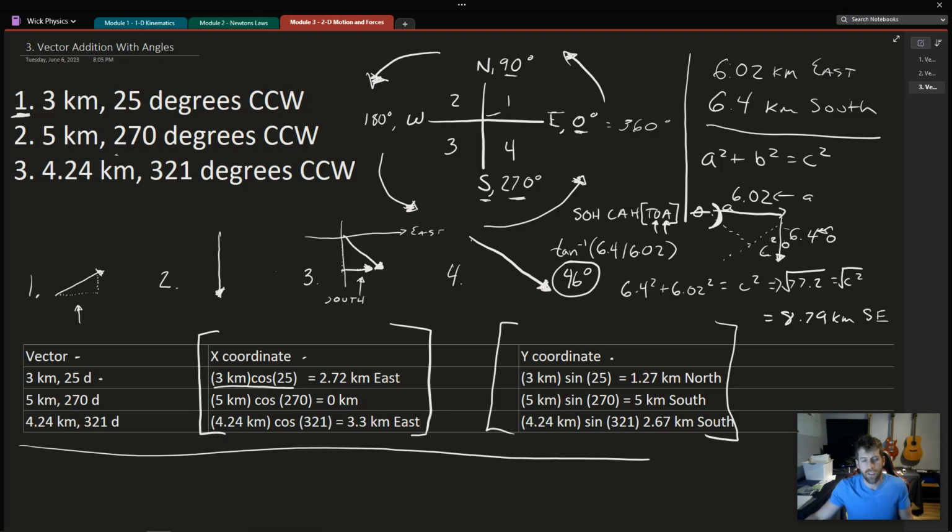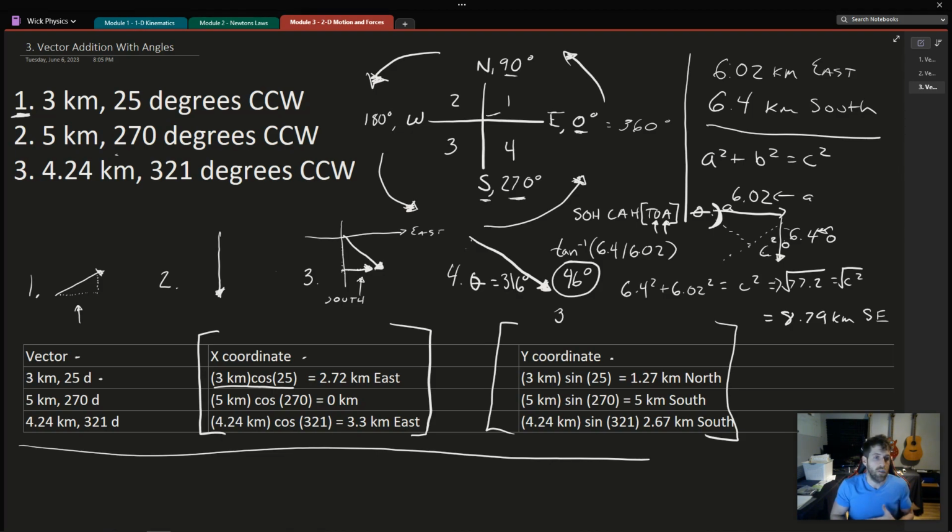So we are actually going to add 46 to 270. So 270 plus 46, and we are going to get an angle of 316. So this angle here, this theta for number 4, is equivalent to 316 degrees.